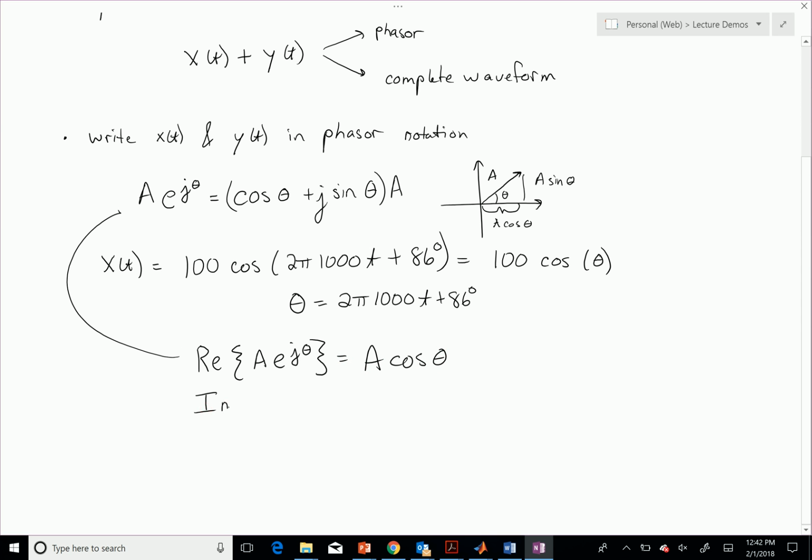The imaginary part of A e to the j theta is A sine of theta. Okay?